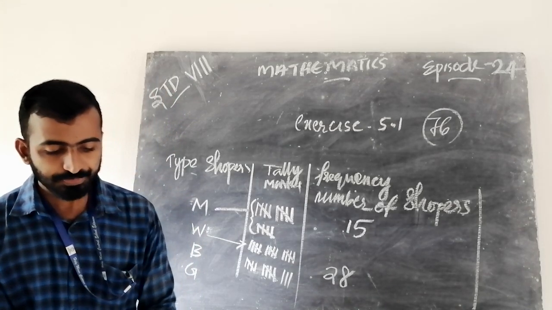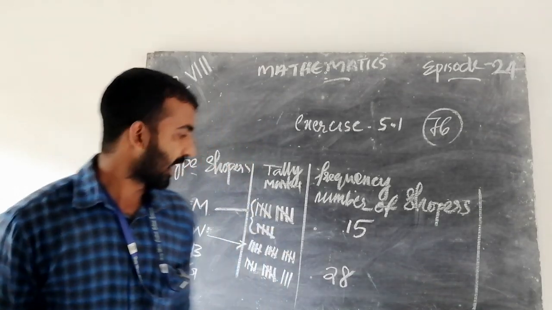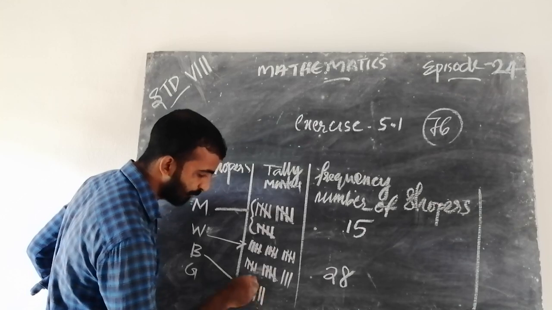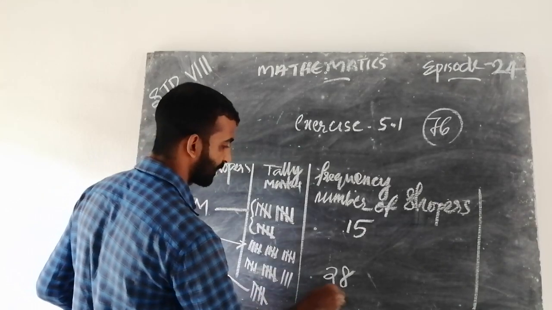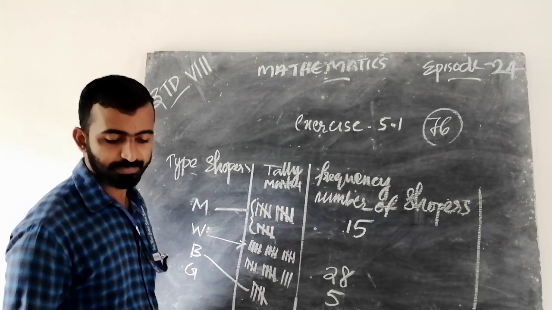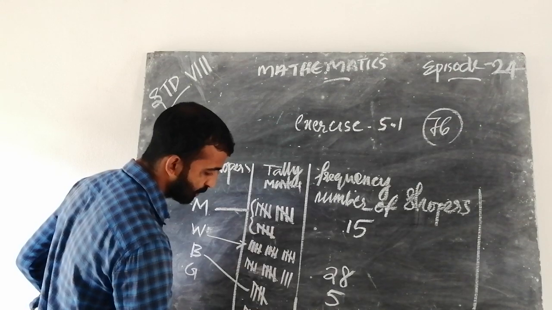And next is boys. In boys we get 1, 2, 3, 4, 5. That is 5. According to girls, we get 1, 2, 3, 4, 5, 1, 2, 3.